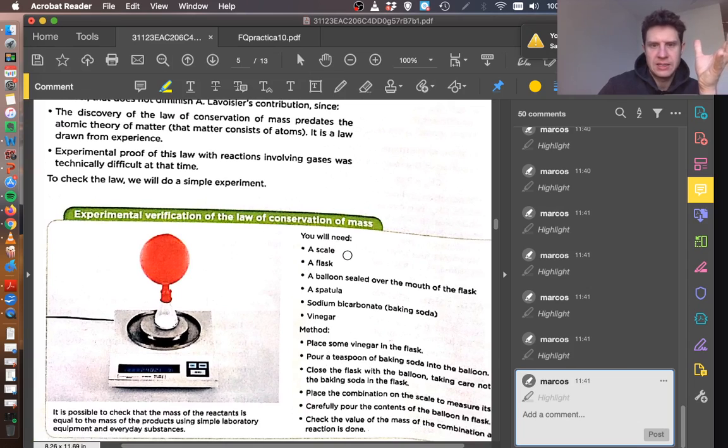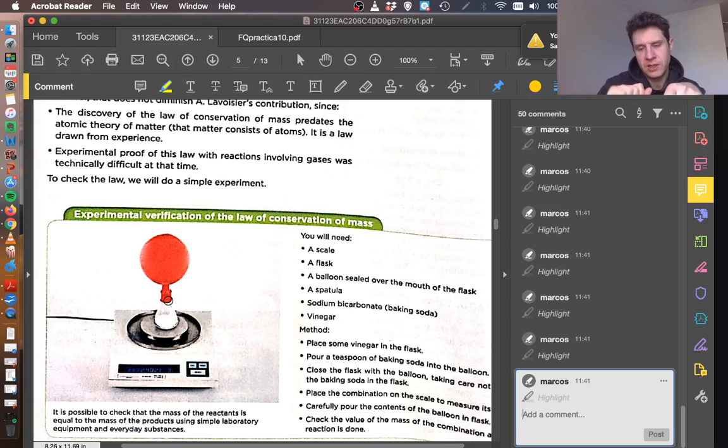We need a scale, a flask like this, a balloon like the red one, and a spatula or spoon to put the sodium bicarbonate and vinegar in the same flask. How do we do it?